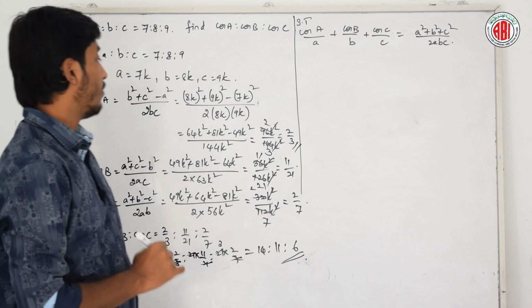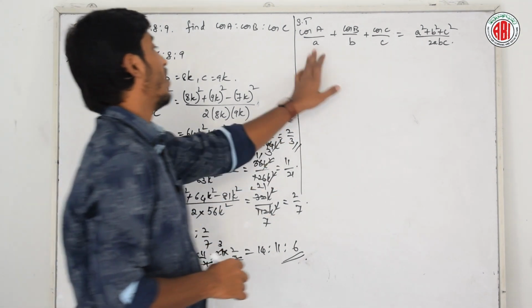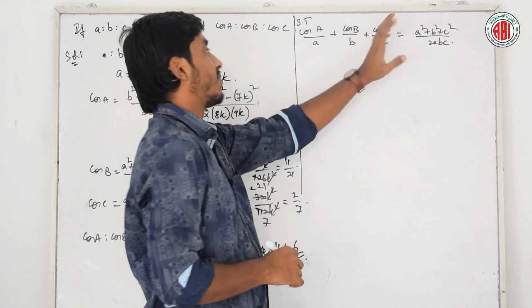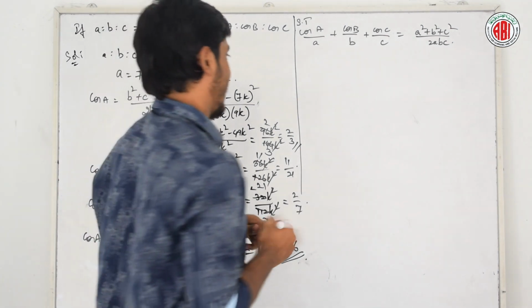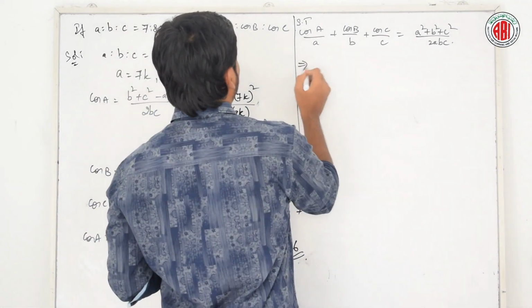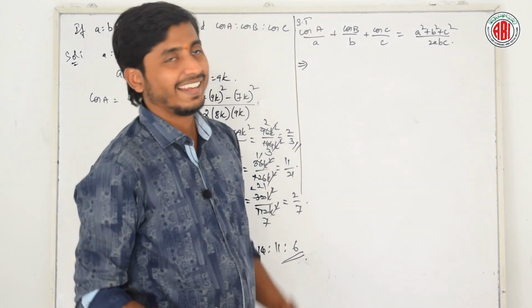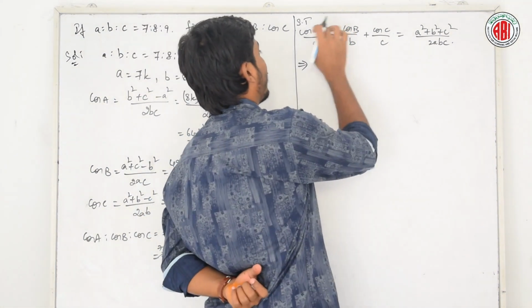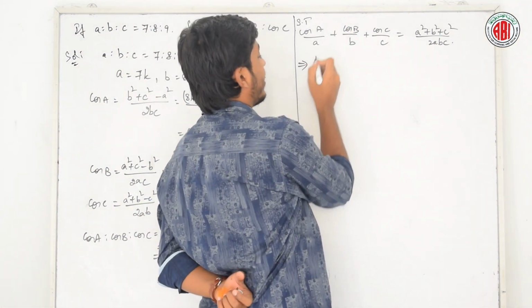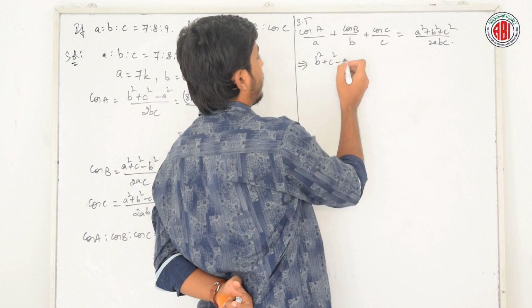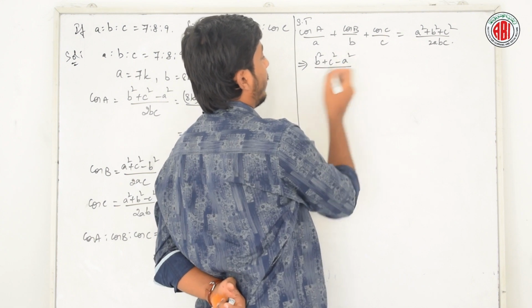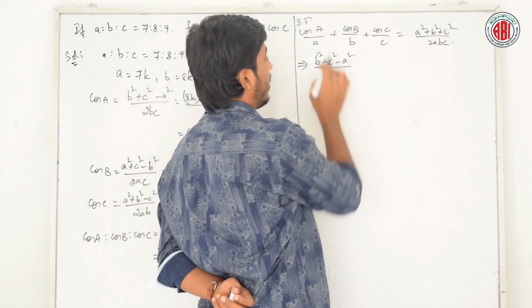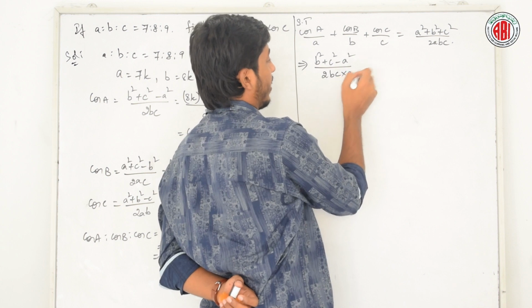Clear? Now, let us move on to the next problem. Cos A by A plus cos B by B plus cos C by C. That will be again a simple sum if you know the formula. Right? Now, see here, what is the formula of cos A? Cos A is B square plus C square minus A square by 2BC. Already there is A here.